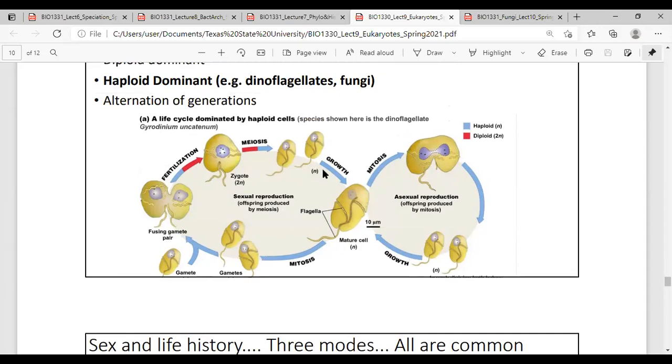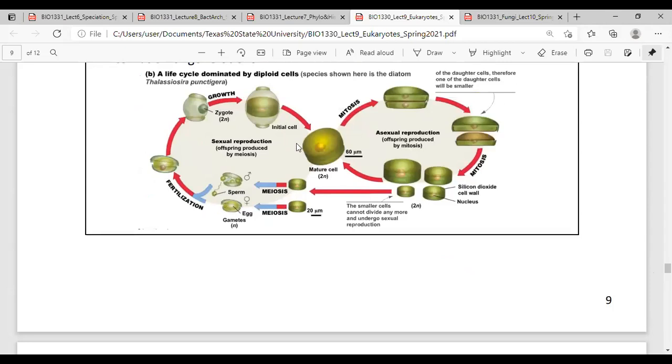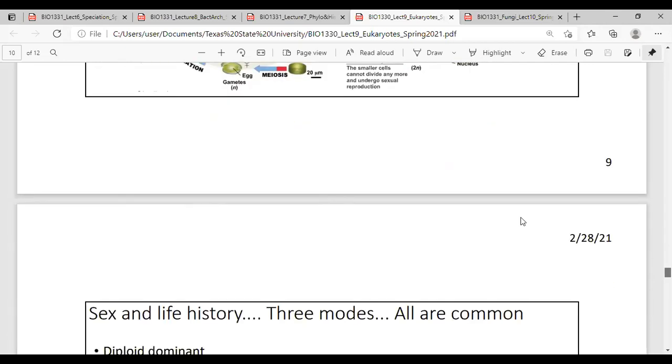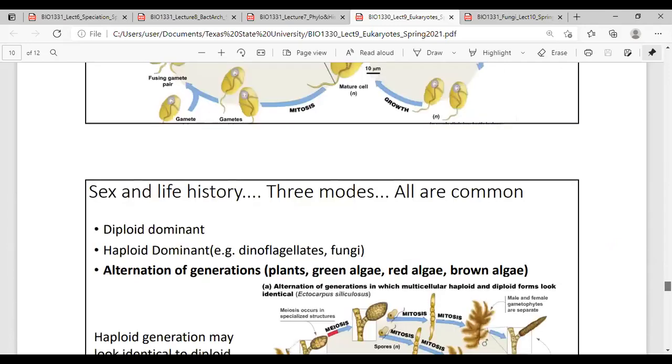They are mostly hanging out with just this one set of chromosomes. The cell cycle can expand through sexual reproduction or asexual reproduction. That's not a limiting factor on either of these. These can also do sexual or asexual reproduction. You just need to decide, is it mostly diploid or mostly haploid? Which one is the dominant?